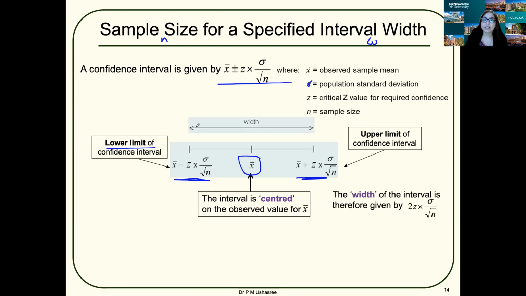Now, the width is nothing but this minus this, which will give you 2z sigma over root n. You can just subtract it and see.